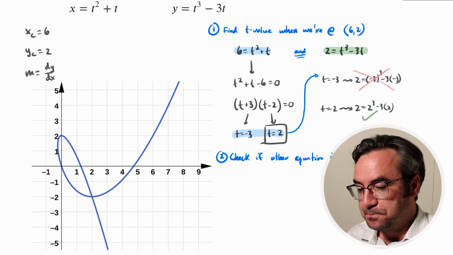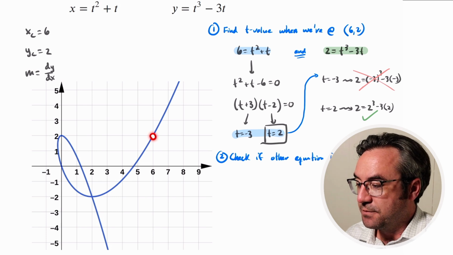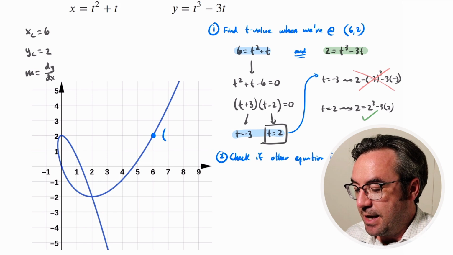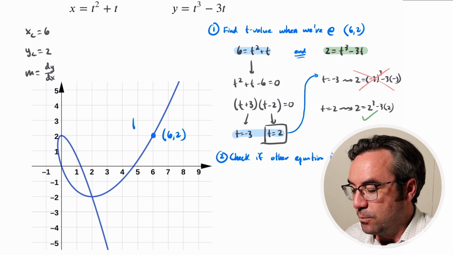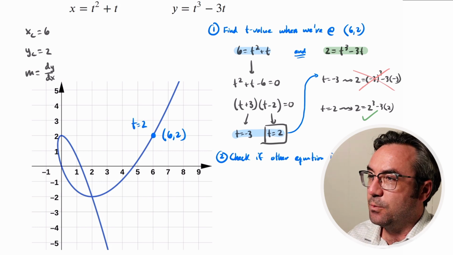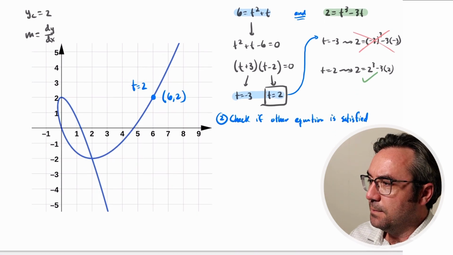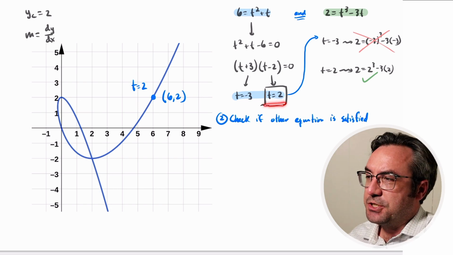So we know this point 6, 2, let's find it on our curve. So here it is. This is where our particle is, and we know the time that we're here. So our particle is at this point when time is equal to 2. All right, so we've checked that the other equation is satisfied.